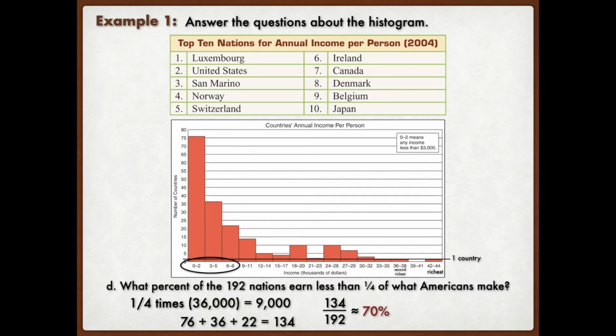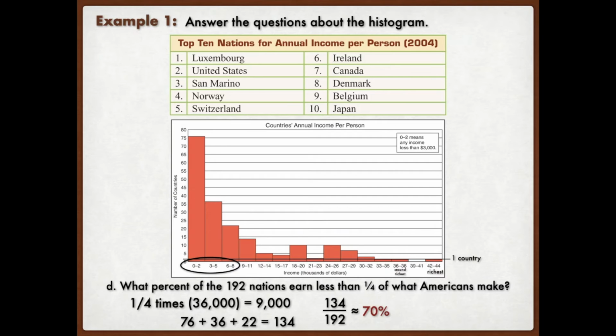And if we look at the 0 to 2, that's 76 countries. 3 to 5 is going to be a total of about 36 countries. And 6 to 8 is going to be 22 countries. So I add those together. I have 134. And so I just divide 134 over the total, and that's 192.